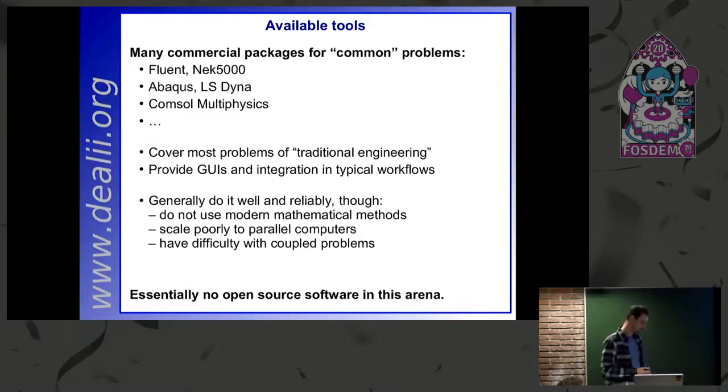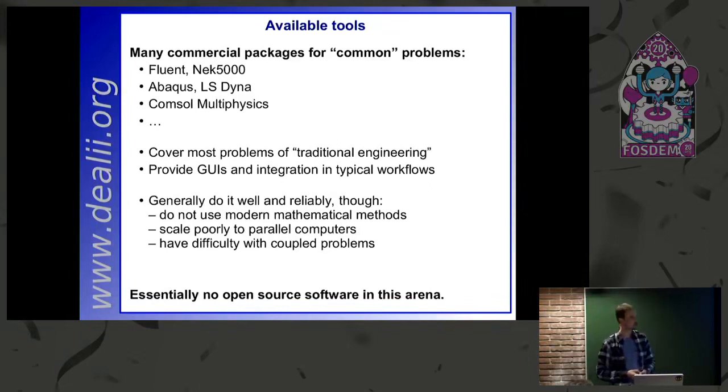What they do not have is they're almost exclusively based on mathematical tools from the 1970s and 80s. And we know a lot better today how to do this. And if you're really interested in high accuracy for low computational cost, then the commercial tools don't typically provide that. That's because they're just too slow and too inaccurate for a lot of applications. They also scale really poorly to parallel computing.